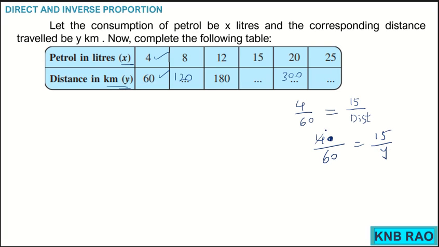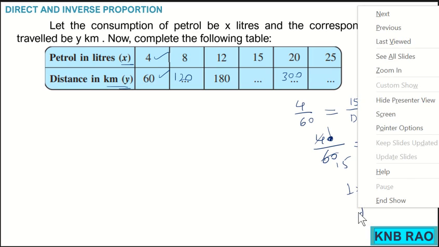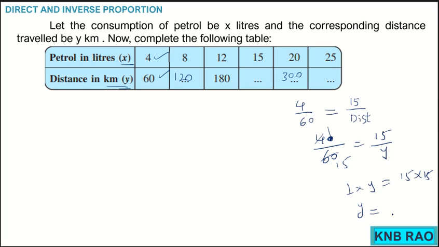Now, 4 ones are 4, 4 15s are 60. Cross multiplication gives 1 into y equals 15 into 15. It implies y equals 15 15s, which is 225. That means you could travel 225 kilometers with 15 liters of petrol.